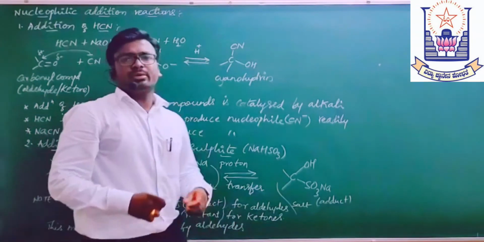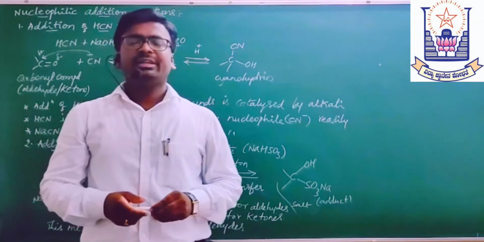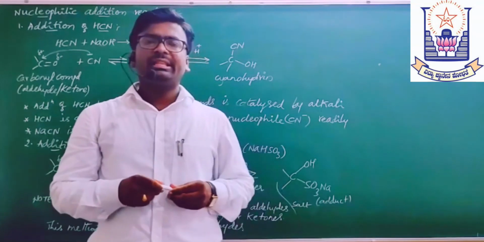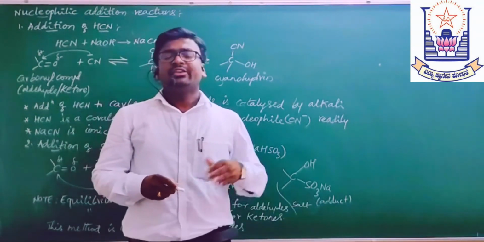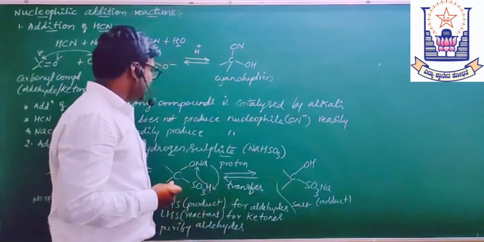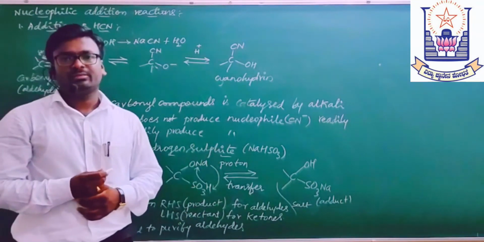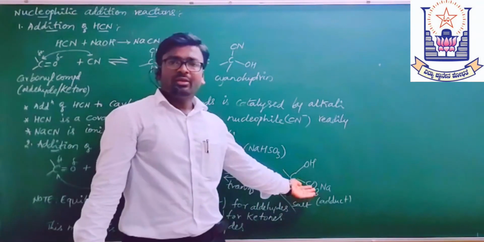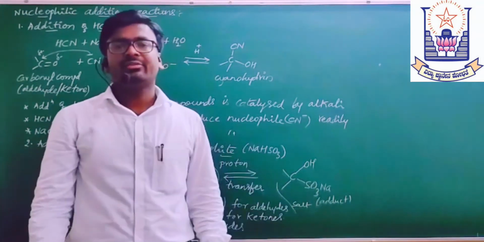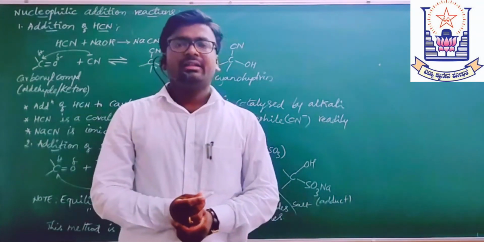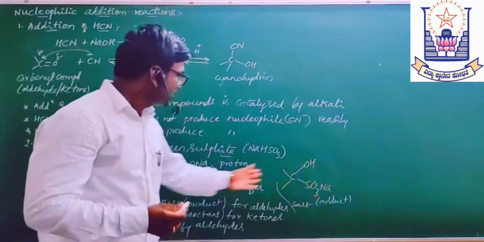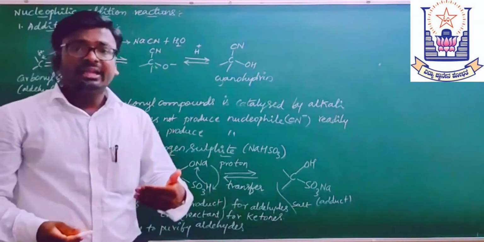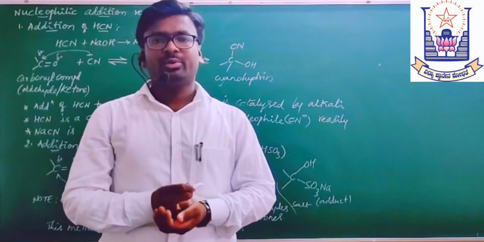This is very important in chemical synthesis. Whenever you prepare aldehydes, they are purified by using NaHSO3. When the aldehyde is treated with NaHSO3, you get a salt. When that salt is again treated with alkali or a little acid, it gives back the original aldehyde in the pure state.